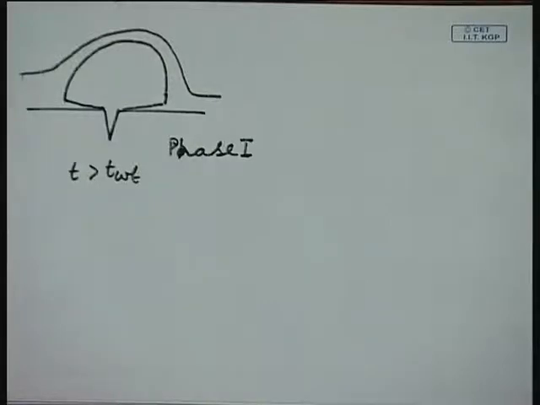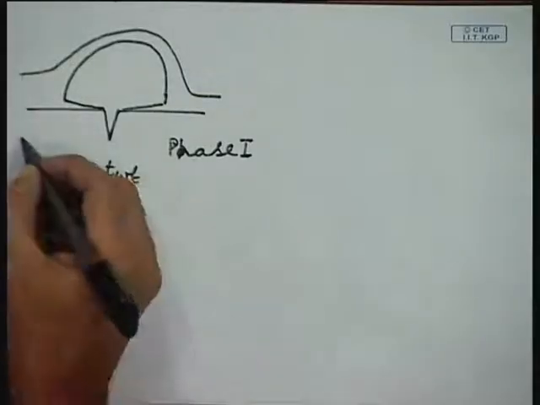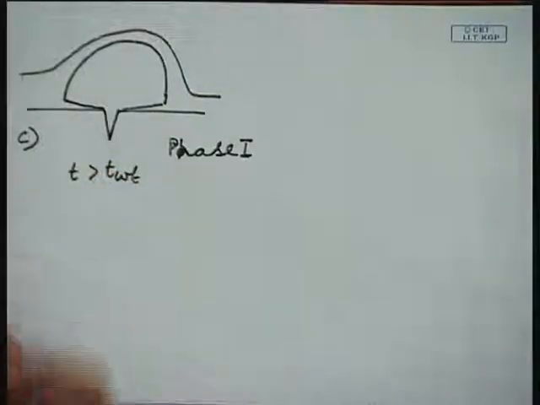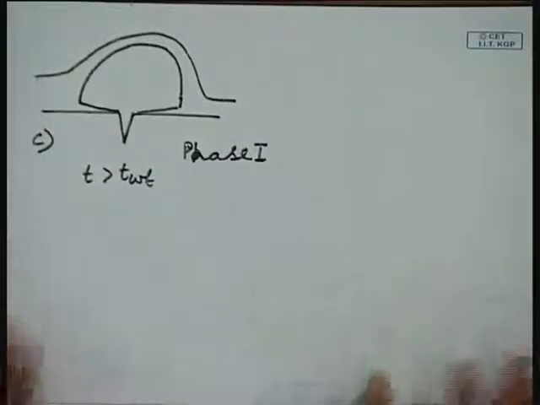So, this may be termed as C. A was at the beginning of the waiting period, B was when the waiting period is over, and C is the initial growth, that is phase 1, beyond the waiting period. In this period, the bubble shape is hemispherical.